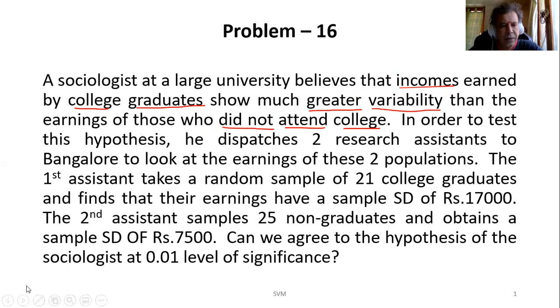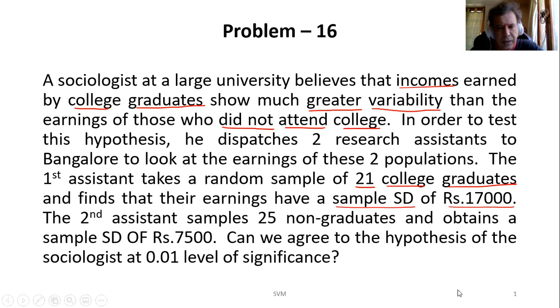In order to test this hypothesis, he dispatches two research assistants to Bangalore to look at the earnings of these two populations. The first assistant takes a random sample of 21 college graduates and finds that their earnings have a sample standard deviation of rupees 17,000.